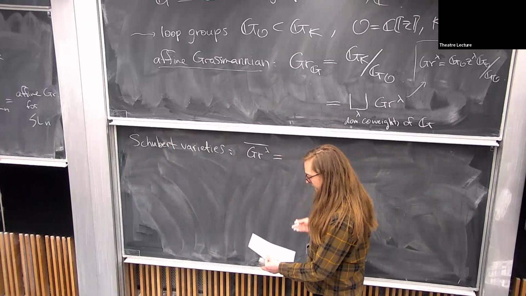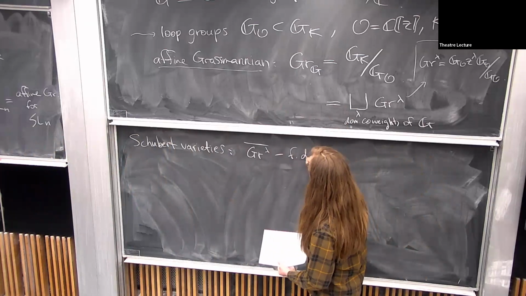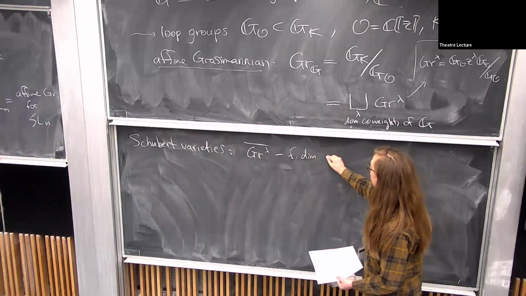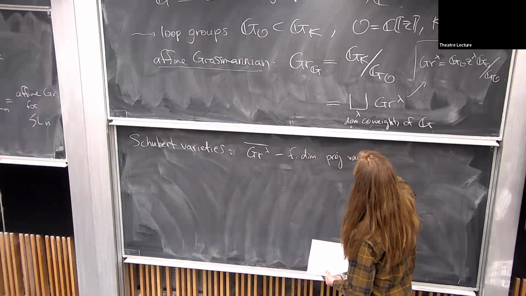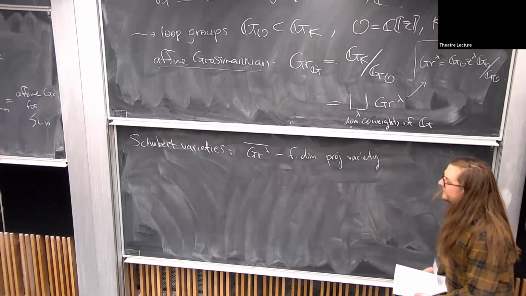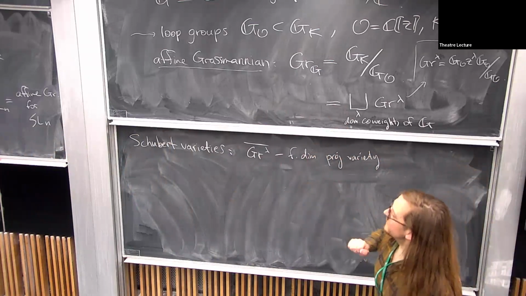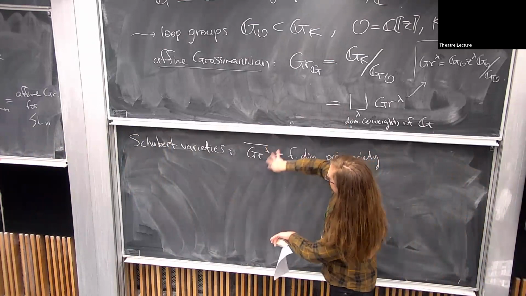You can say a number of things about these. Maybe I don't need to say right now, but this is some finite dimensional singular projective variety. The dimension depends on lambda. The thing we're interested in, though, from this theorem, I remind you, is something about slices. So this is just about slices between these orbit closures.